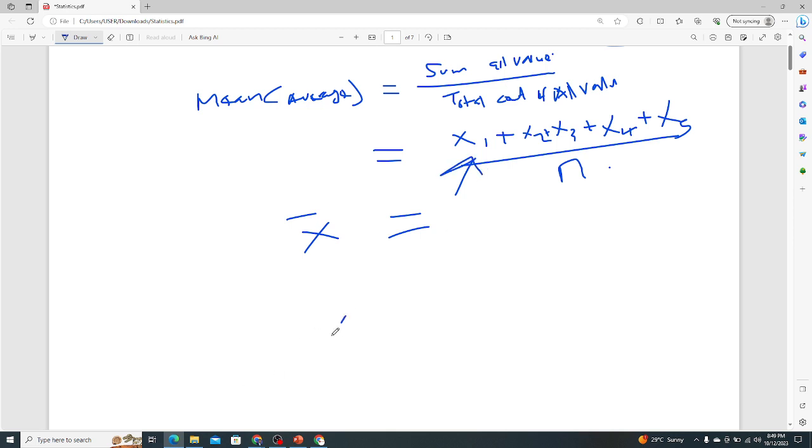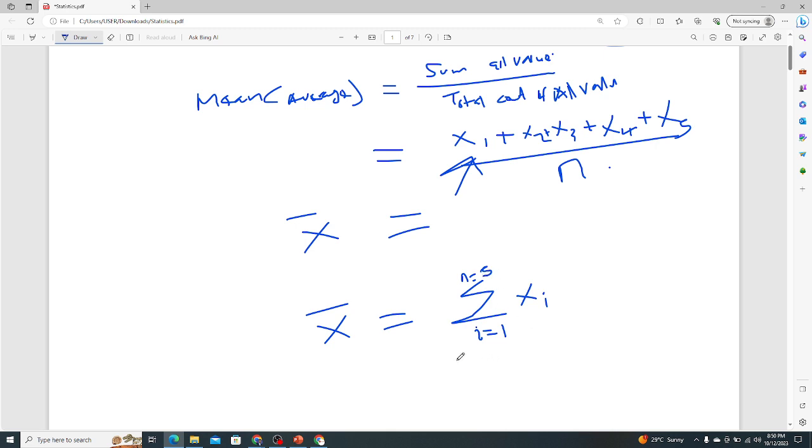All right, we can even simplify it. Let's assume these are xi's, up to 5. So we can say x bar is equal to the summation of xi's, with i ranging from 1 up to n, where n is equal to 5.